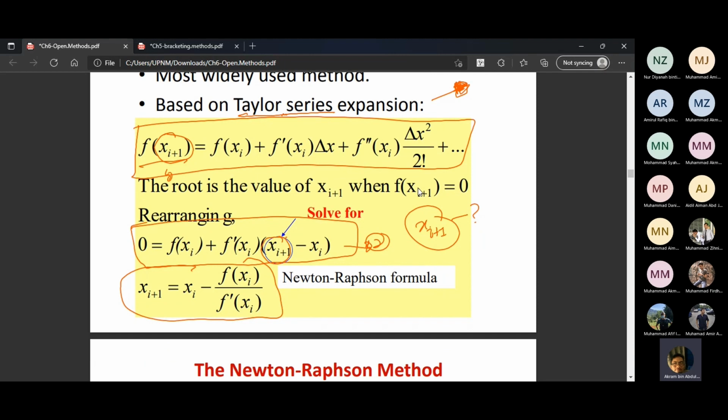So if we have a Taylor series expansion and we want to find the root of this Taylor series expansion, the root is when f of x sub i plus 1 is equal to 0.